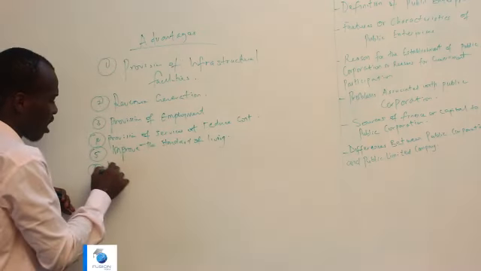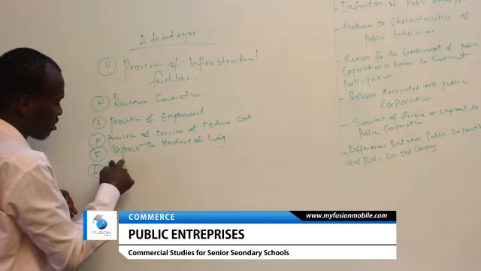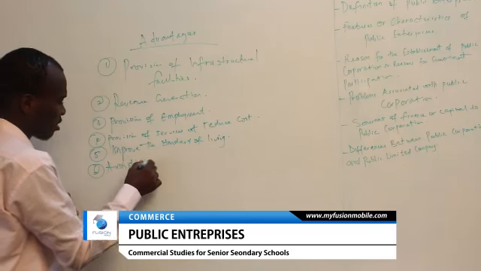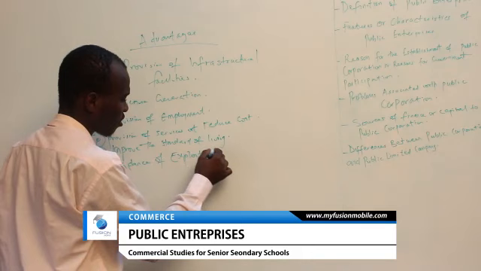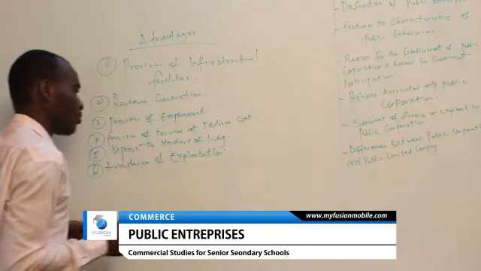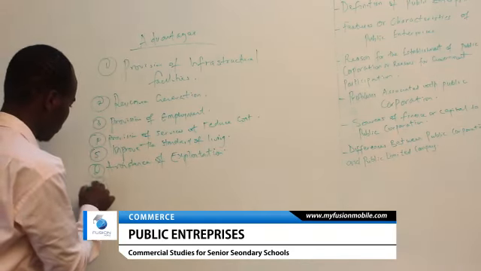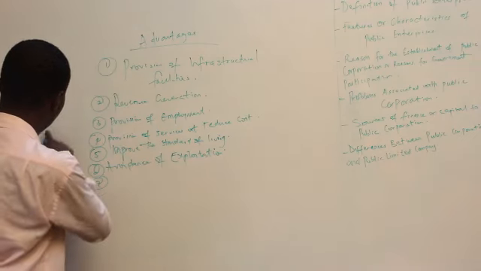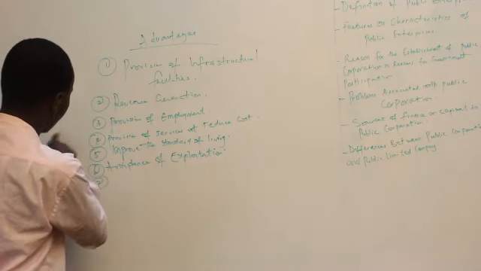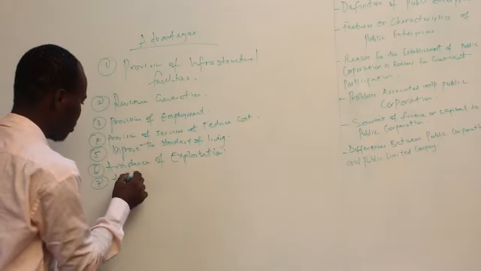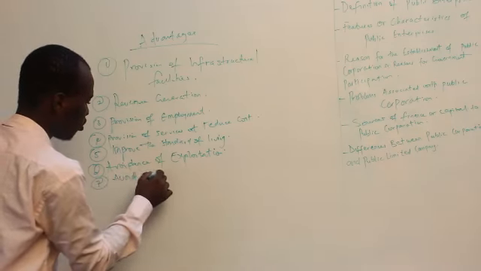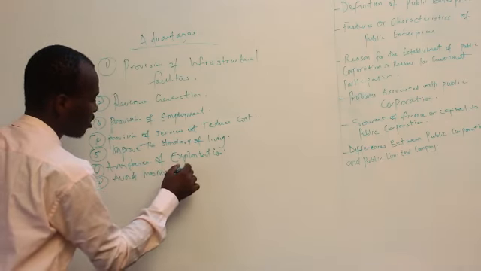Number 6, avoidance of exploitation of the consumer. Number 7, avoid monopoly tendencies.